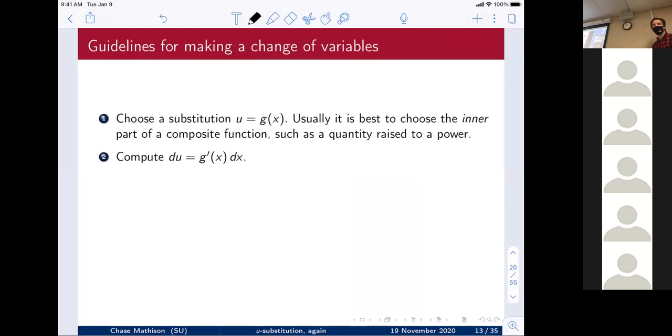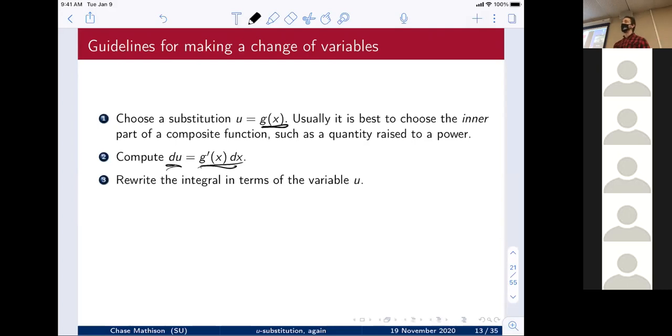Okay, so then once you've chosen u, you compute du, which is just g prime of x dx. Or in general, g prime of your first variable, d your first variable. When we had theta, it was g prime of theta, d theta. Then you rewrite the integral in terms of only the variable u. This involves replacing g of x with u, and g prime of x dx with du.